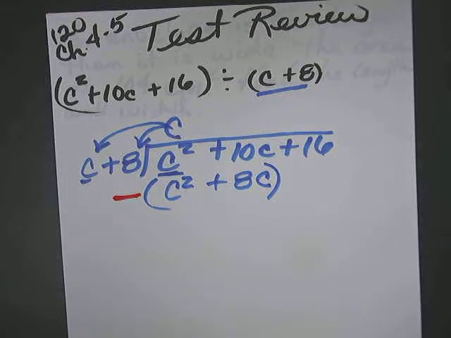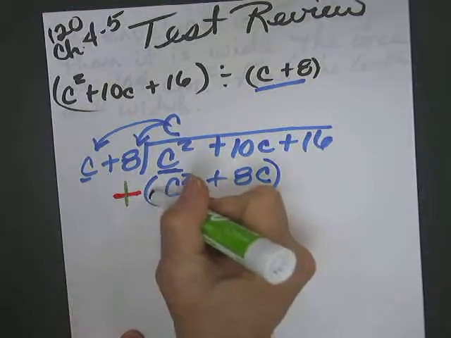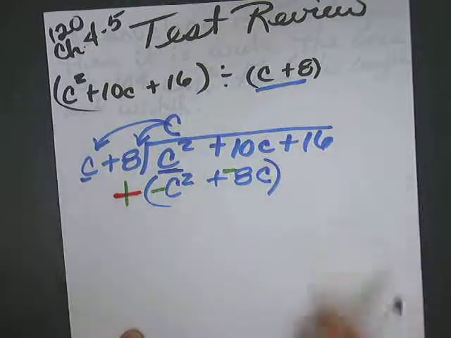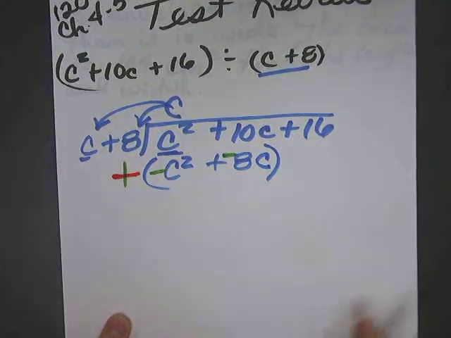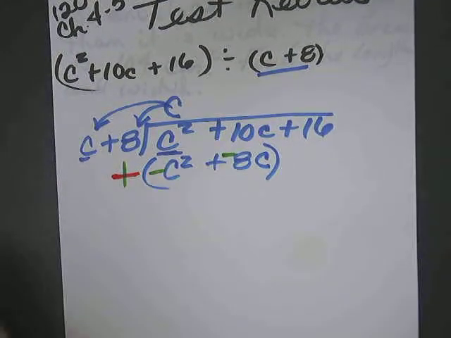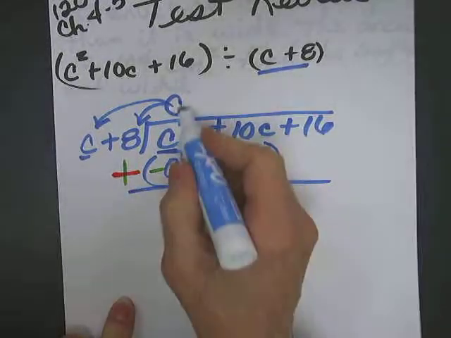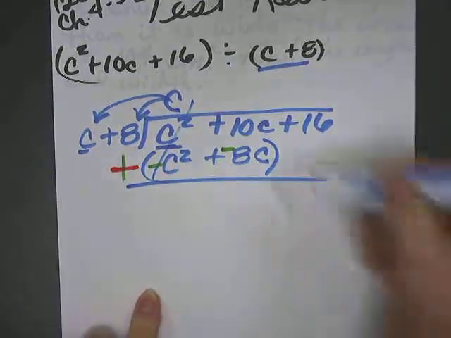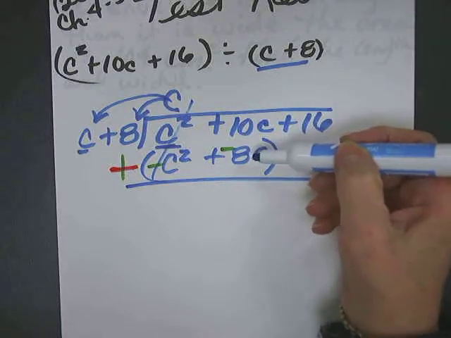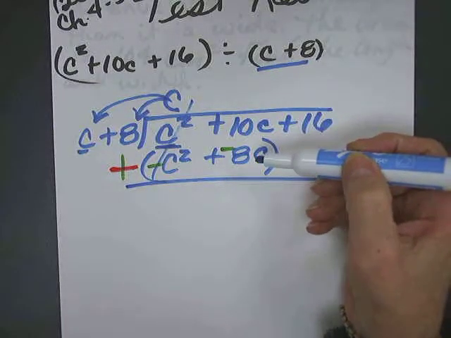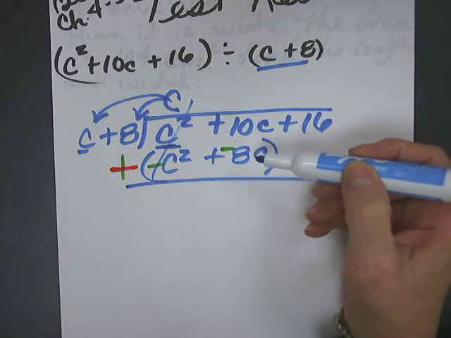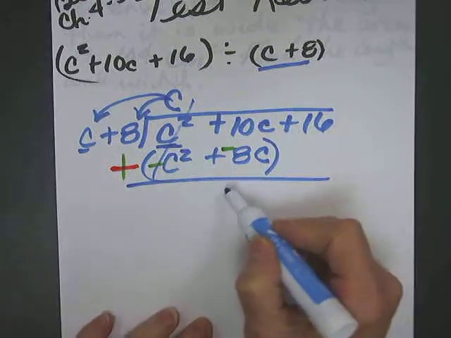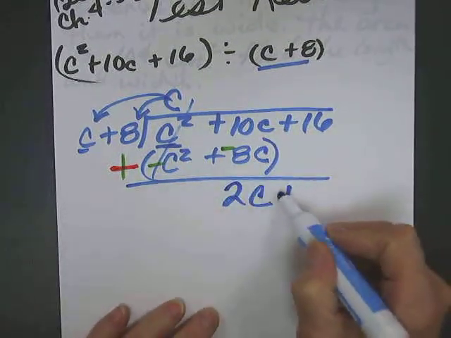When we subtract, we end up adding the opposite of each one of them, right? So, that's gone. You mark it out or leave it, it doesn't matter. A 10 and a negative c, negative 8, so what is it? 2c.